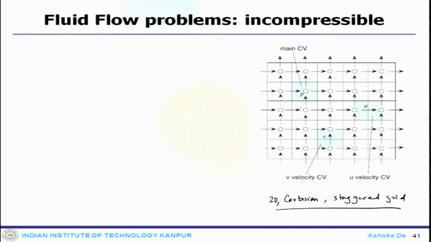As you can see, since it is a staggered grid arrangement, all my pressures are stored inside the cell center. So, these are the control volumes which are going to be considered for pressure. Now, when you come to the u momentum equation, the control volume will shift by delta x by 2. So, this is going to be the control volume for the u momentum equation, where u is stored at the face. This is the control volume for any interior node.